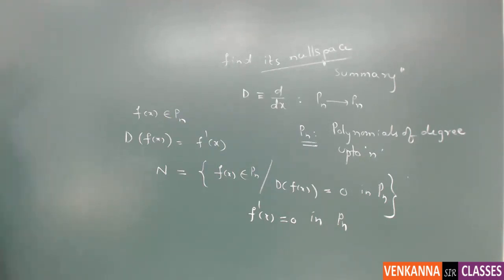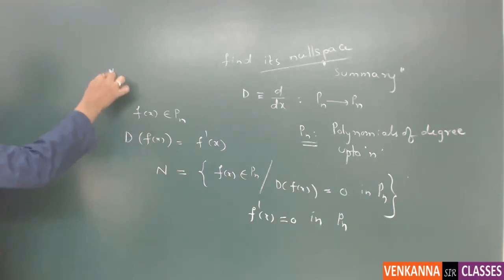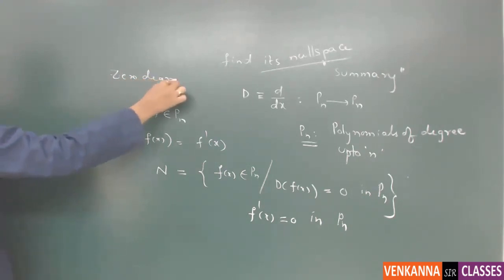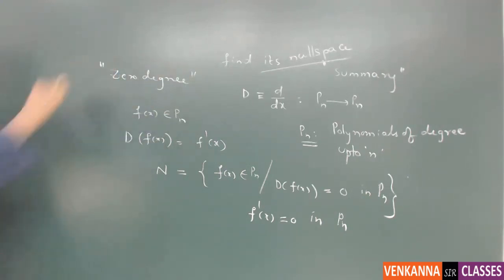It is nothing but the set of all, not first degree, 0 degree polynomials, nothing but constant polynomials. Whenever you differentiate a constant, the result is 0. You cannot take a first degree polynomial, right?